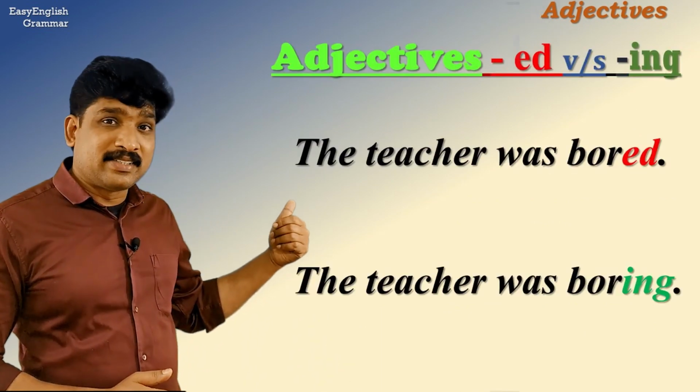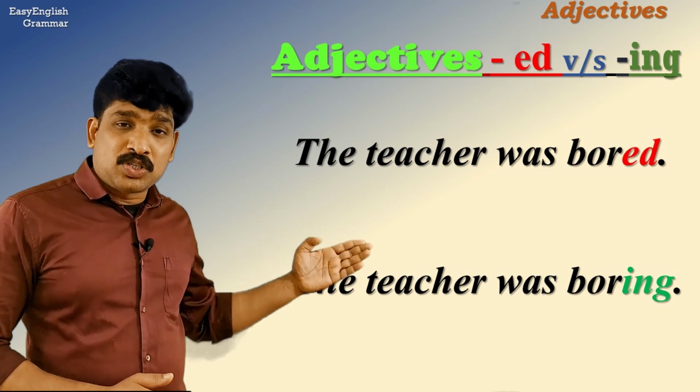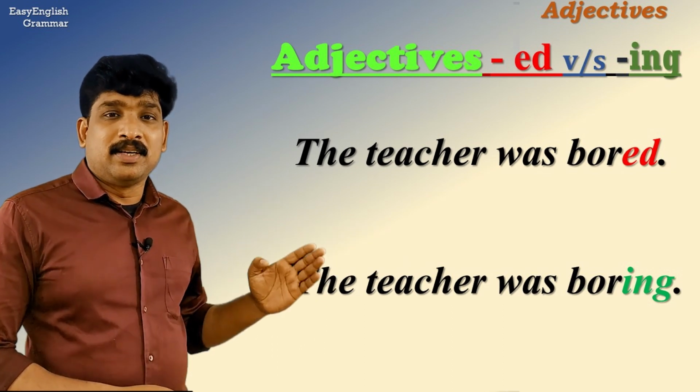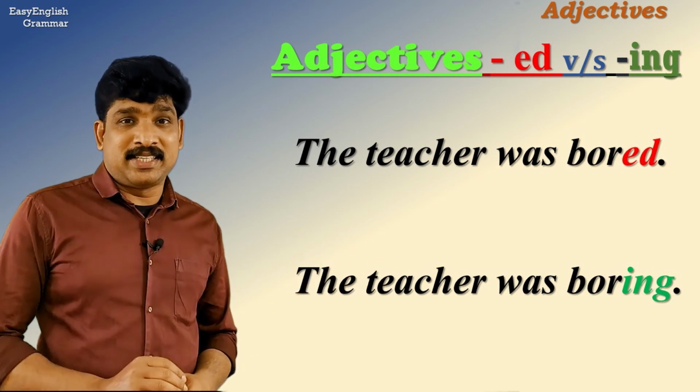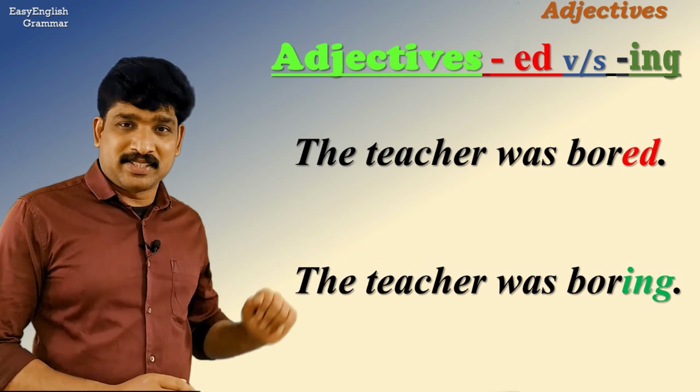Last example, two sentences, two different meanings. Look at these sentences. The teacher was bored. The teacher was boring. Now, you really have to understand the difference between these two sentences, because the meaning is not the same at all.